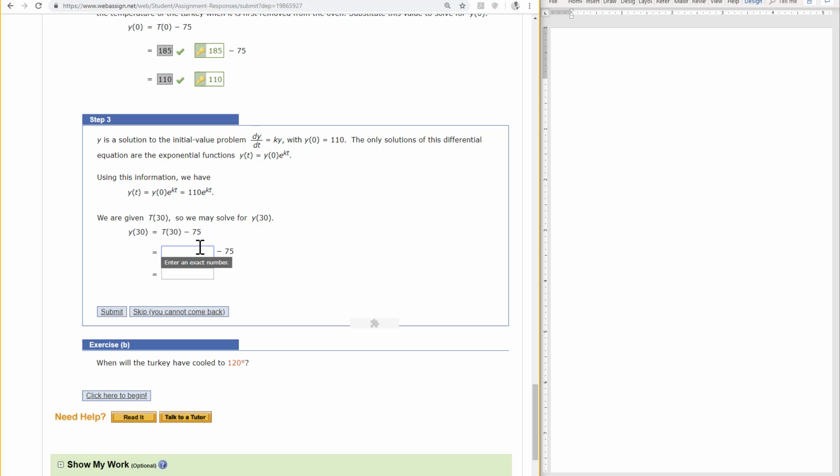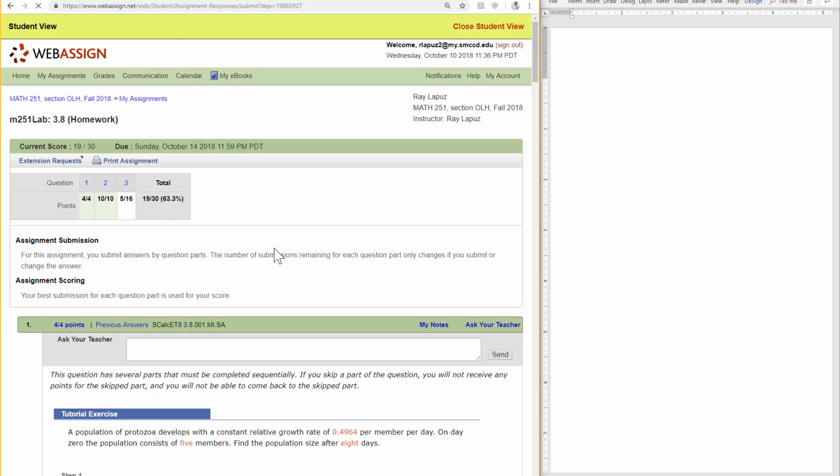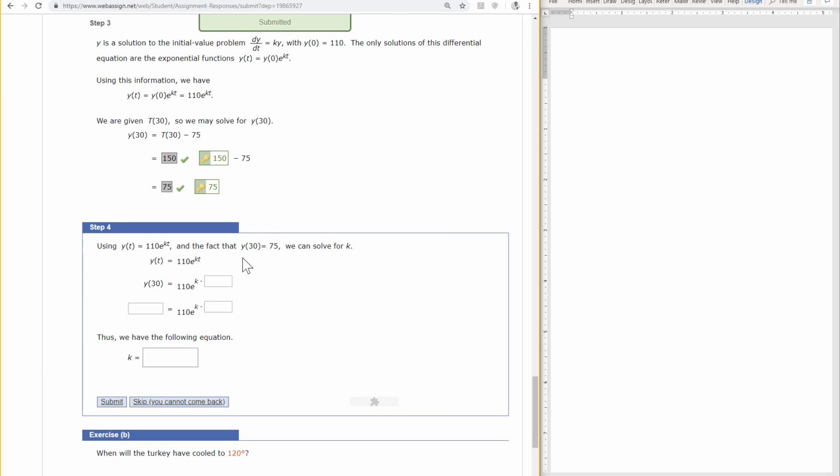So 150 minus 75 is 75. Now we have those pieces of information, and using the fact that y of 30 is equal to 75, we can solve for k.